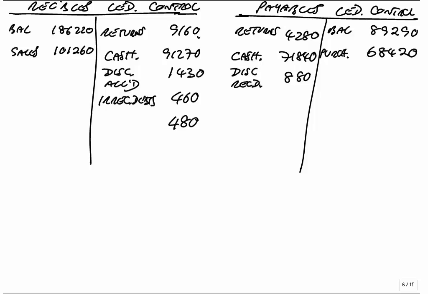It always reduces what we owe suppliers. You debit payables. Again, I appreciate I haven't given you much time to think or learn. But contra is the easy one. Always. Learn it. It's always the same. Okay?